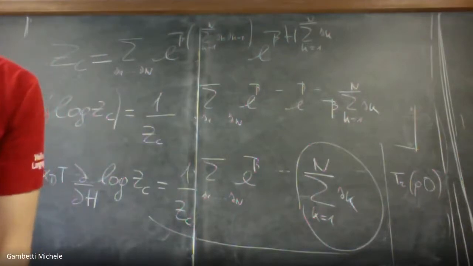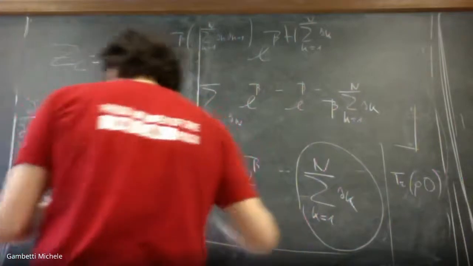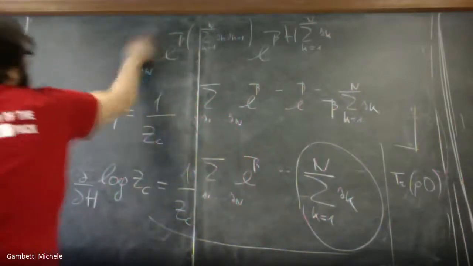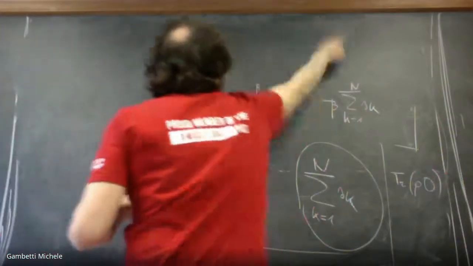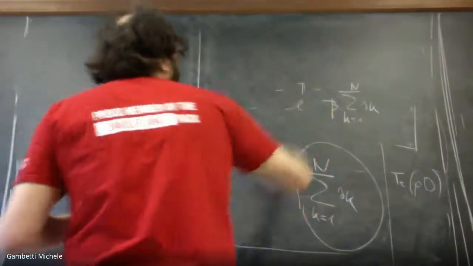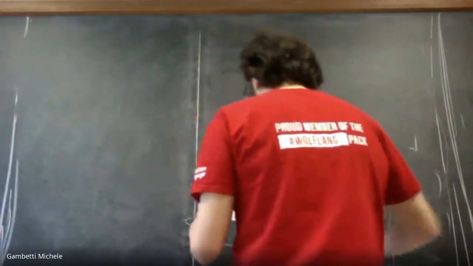Okay, so this was for the magnetization. Now, once we realize that we can compute the magnetization just by doing a derivative of the log of the canonical partition function, we can indeed compute it.